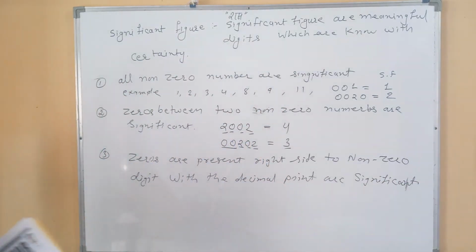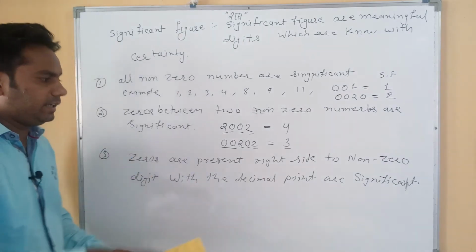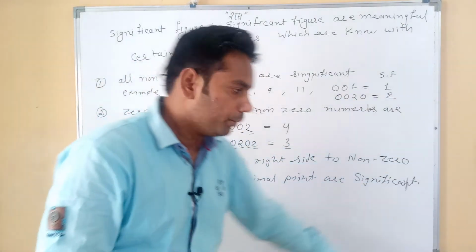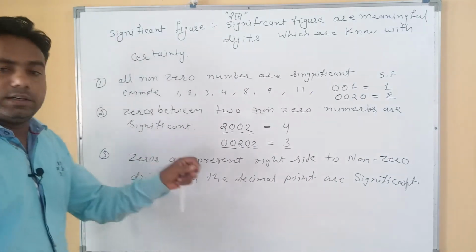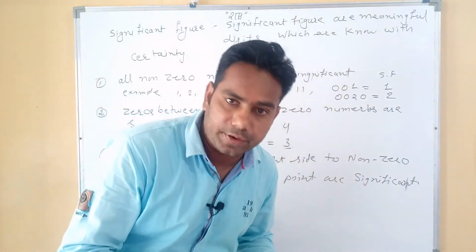Clear? If zeros are present right side to a non-zero digit with the decimal point, they are significant.